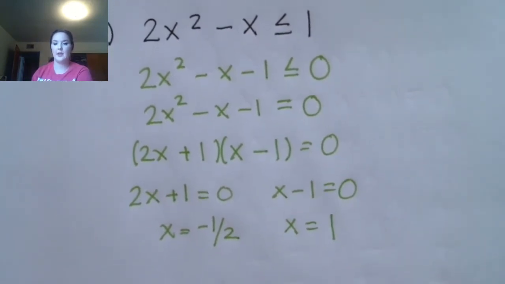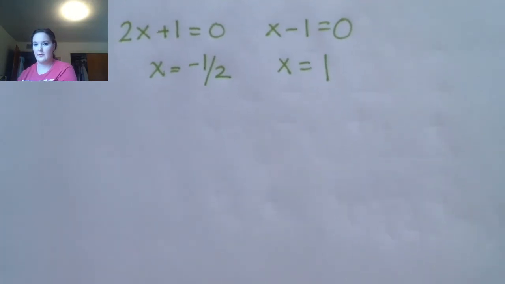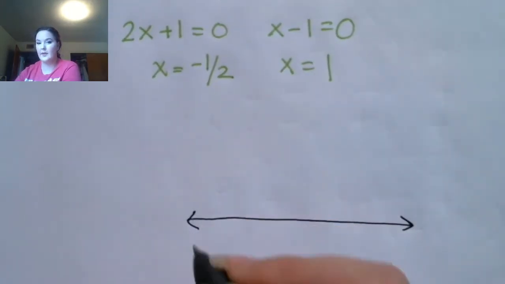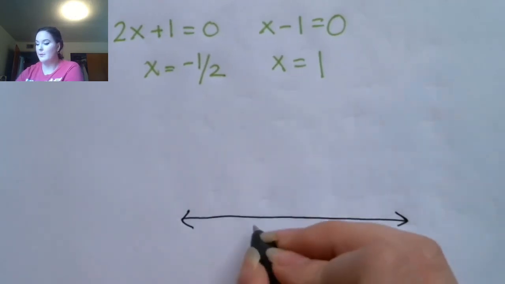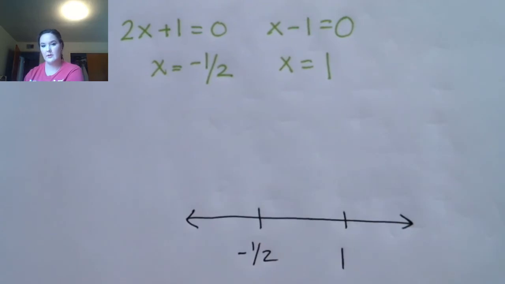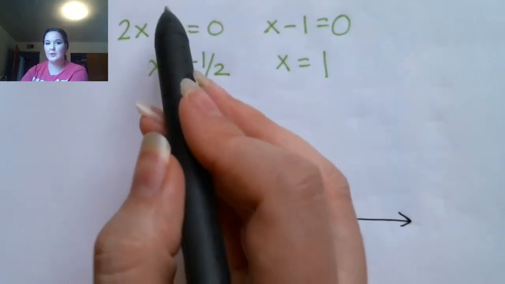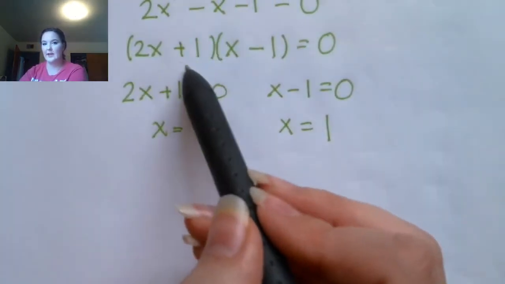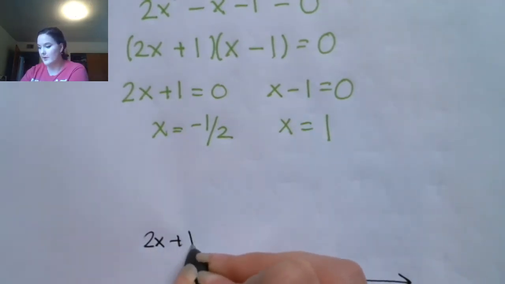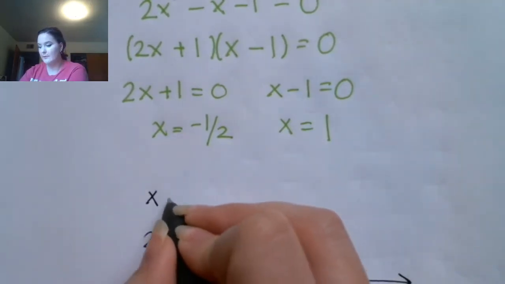So I'm going to go ahead and make my sign chart. I'm going to mark my two numbers, -1/2 and 1. Then I'm going to put each one of my factors on the side here. So I'll have 2x plus 1, and then I'll have x minus 1.